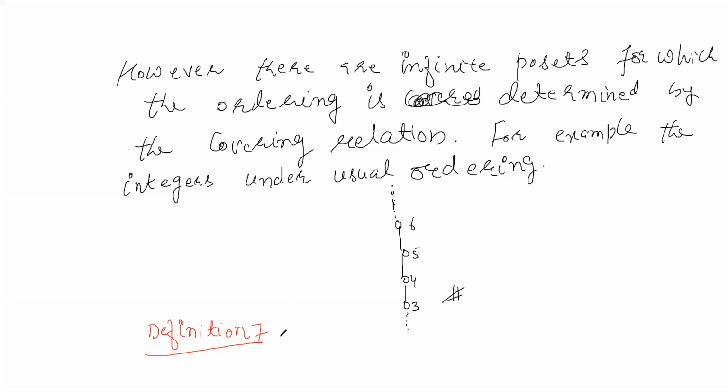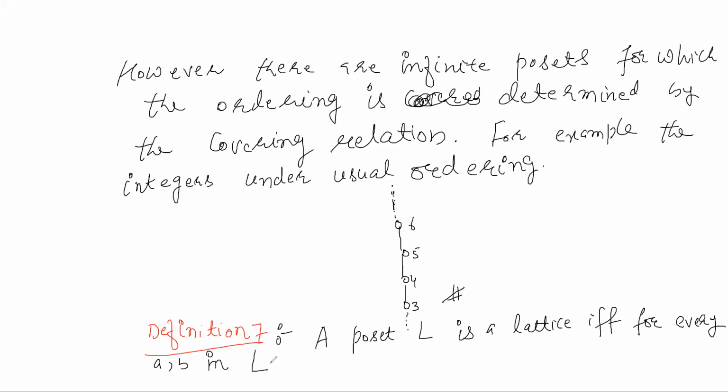A poset L is a lattice if and only if for every A, B in L, the supremum of A and B, sup AB, and the infimum of A and B exist in L.